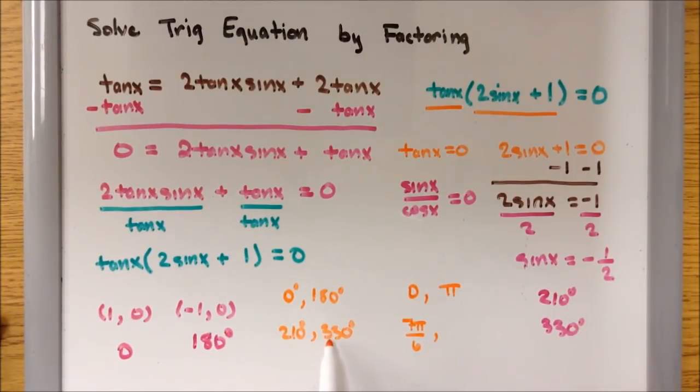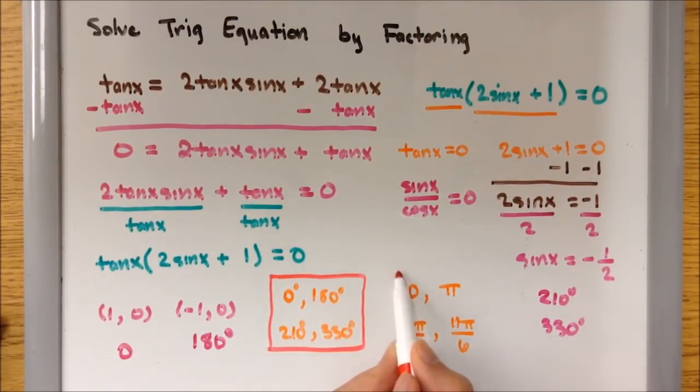The radian equivalent for 330 degrees is 11 pi over 6. So, our final answer in degrees is this. Our final answer in radians is this.